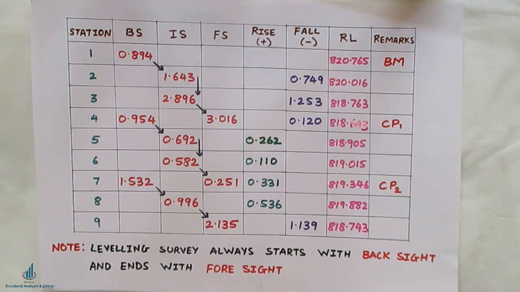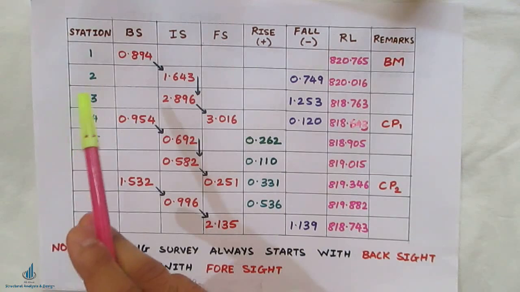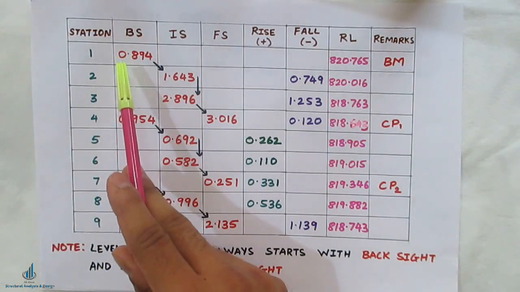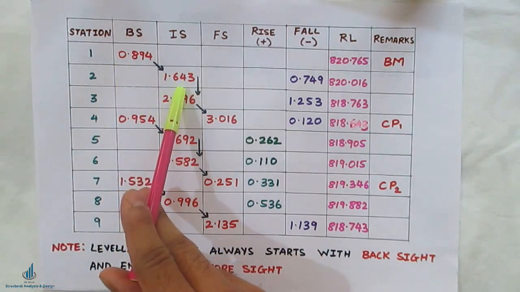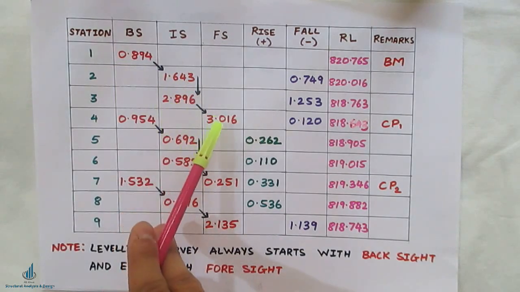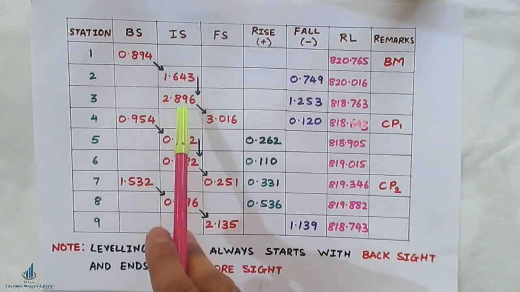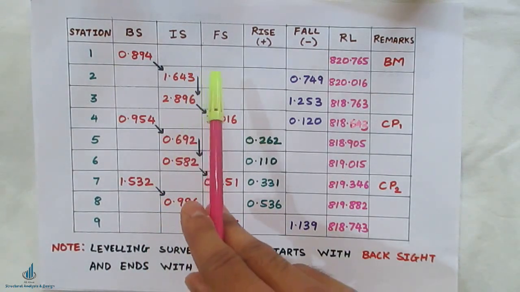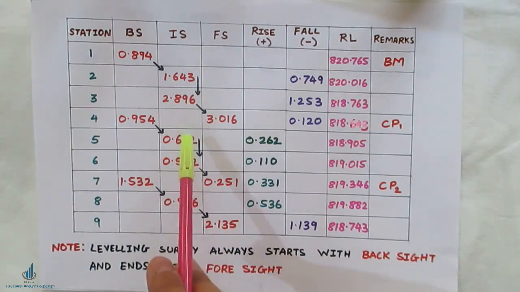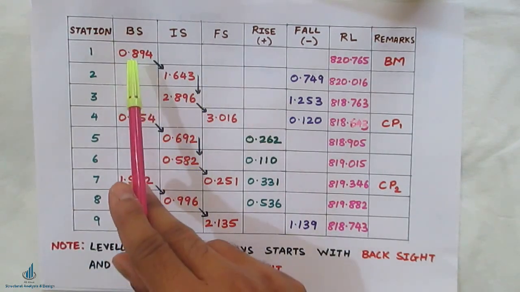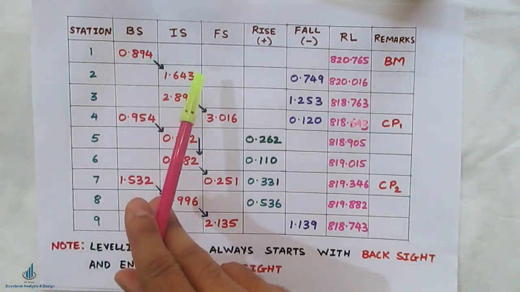But one thing you have to remember is you have to do the subtracting from left hand side to the right hand side. See, if you look at the arrows, it comes from left hand side to right hand side, right? And whenever there are two or more intermediate sight values, it will just go down, correct? Always remember you have to come from left hand side to right hand side.